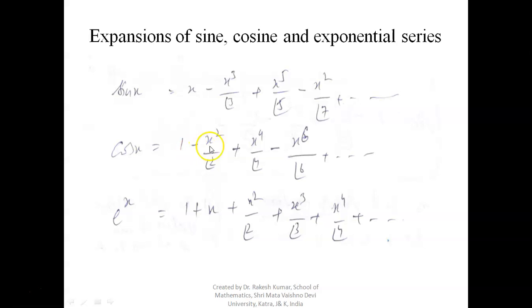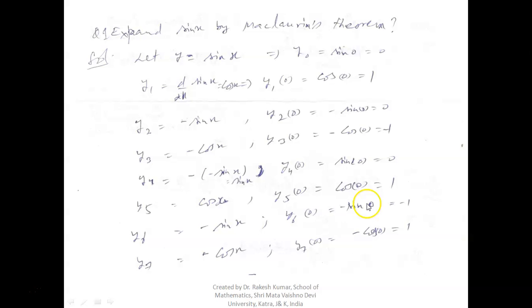Similarly, cosine is 1 minus x square upon 2 factorial plus x4 upon 4 factorial minus x6 upon 6 factorial and so on. And similarly, e raised to power x equals 1 plus x plus x square upon 2 factorial plus x power 3 upon 3 factorial and so on.